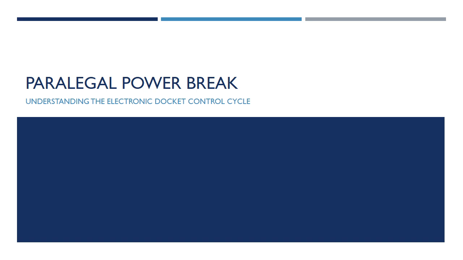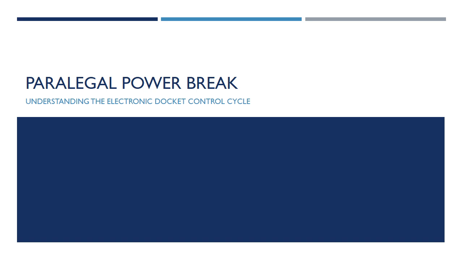After the docket slip is completed and provided to the secretary or the clerk, the information is inputted into the case management system, and then from there a report is run or printed with this information, and the task is marked as done. The next type of electronic docket control cycle is the decentralized docket control cycle, and this is where the paralegal or the attorney has responsibility for inputting their own information into the case management system.